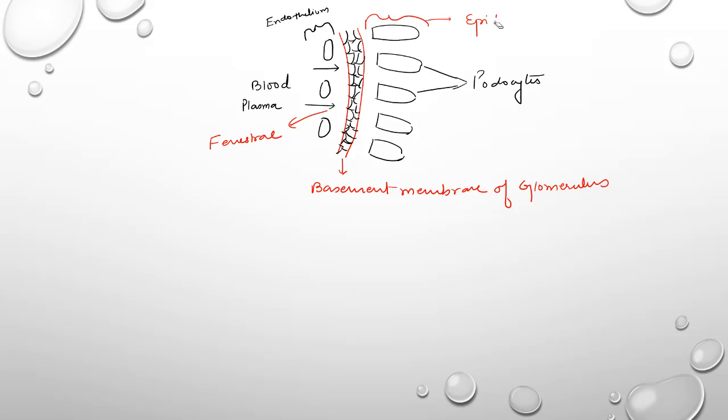So three layers you can say. Layer of podocytes. Understood. Now, if you have a look at the structure of podocyte, it will look like this.